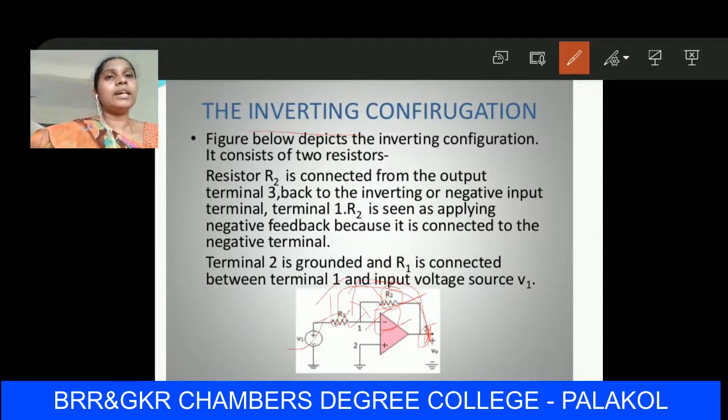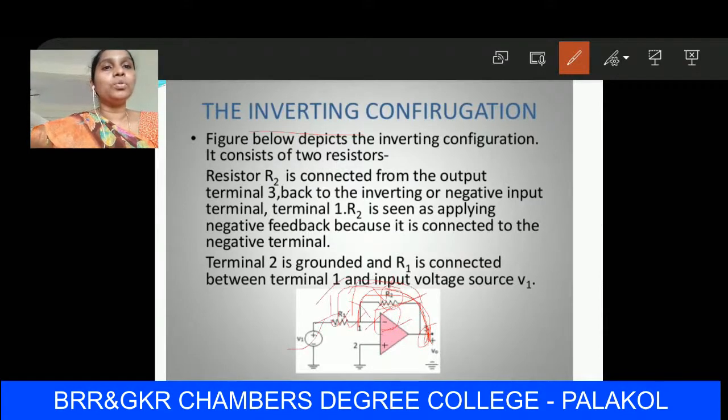So it is a negative feedback. Why? Because the feedback is connected to the inverting terminal. So therefore the inverting configuration is also called a negative feedback amplifier configuration.